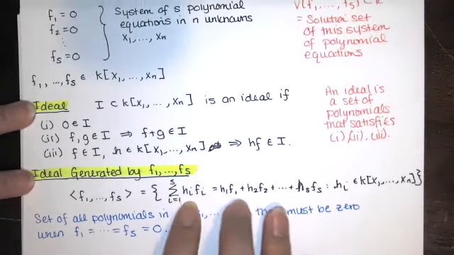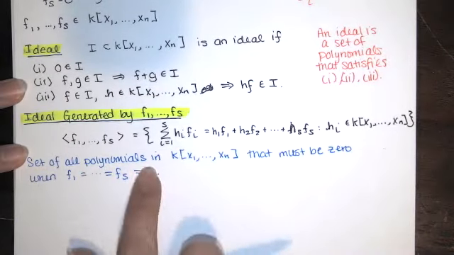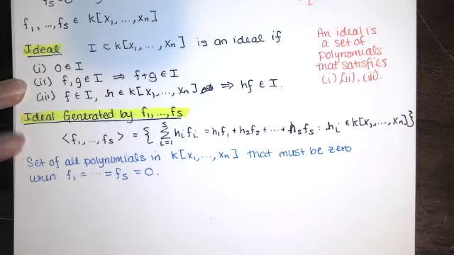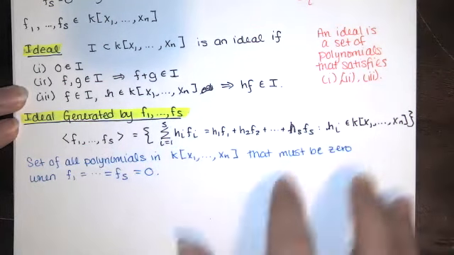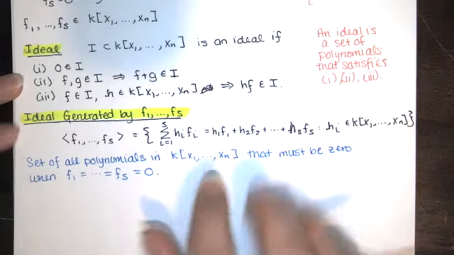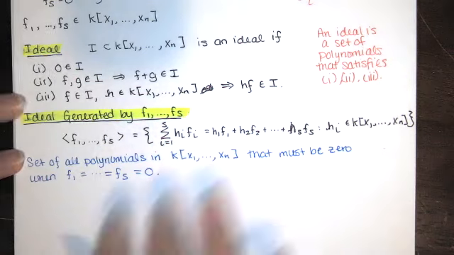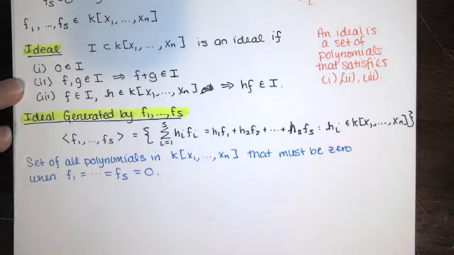So this is powerful. Here we're saying that these particular functions have to be 0. Here we're talking about a set of functions that must be 0 if all of these are 0. This is a much richer class of functions, and it turns out that it's an ideal. These three conditions are satisfied by the ideal generated by f sub 1 through f sub s.